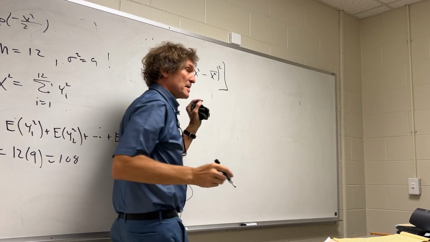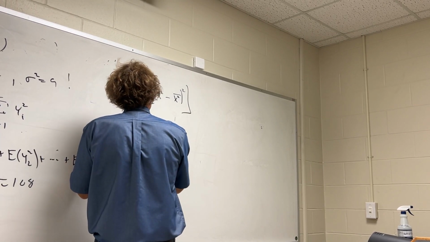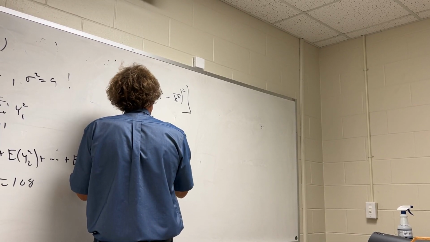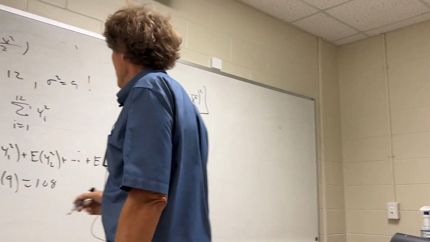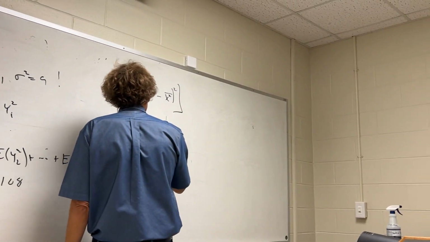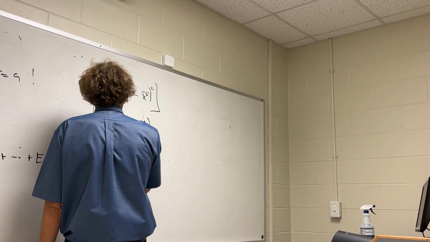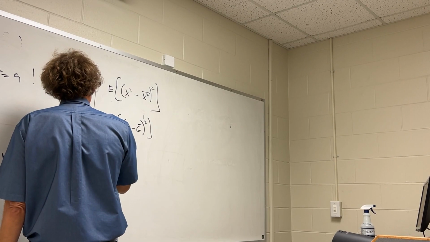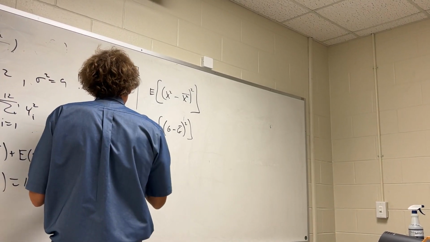Do you all agree with that? And really, you can think about the expected value of, if we had a variable, and what did I call it? G. Here, you could say it's G minus G bar squared. And that would be the variance of y. Do you all agree with this? Of x, pardon me, x squared, variance of x squared.